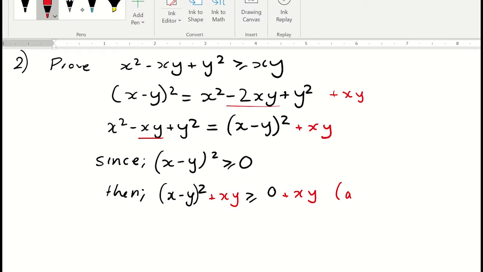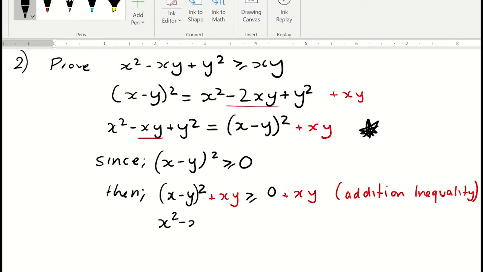Again, using your addition inequality. So, okay, now I know that according to this line here, x minus y all squared plus xy is equal to that, which gives me x squared minus xy plus y squared is bigger than or equal to xy. And there's my proof.